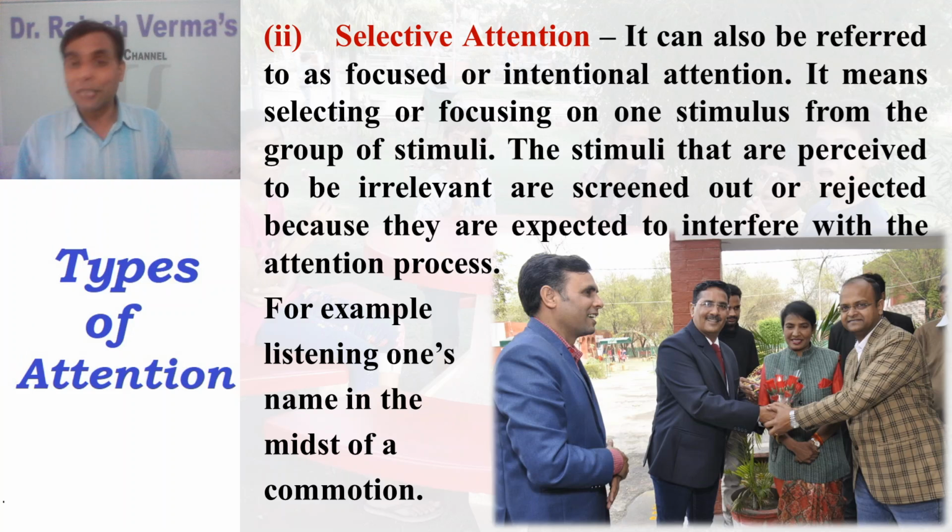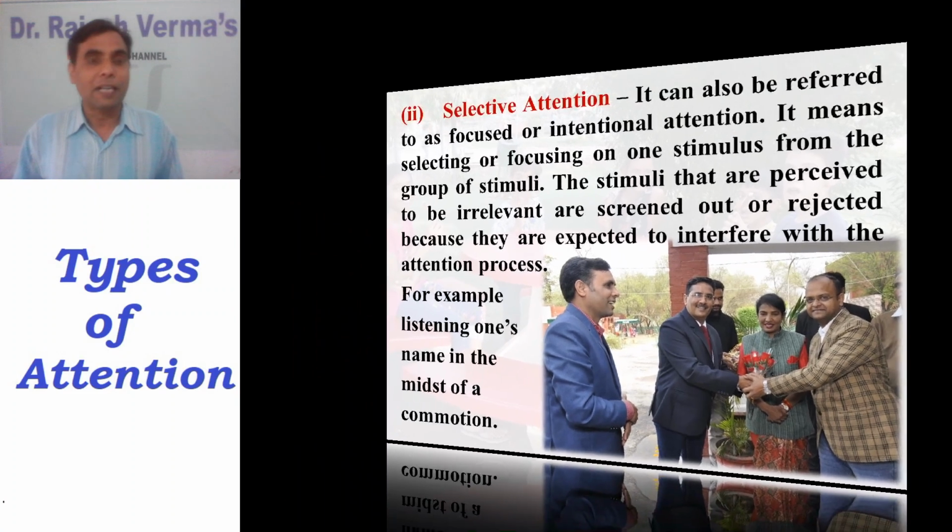The moment they utter your name, your attention shifts to that, because out of all the commotion happening around you, out of various types of stimuli, you just pick up one stimulus that is interesting to you, means you are selecting one stimulus. So this is known as selective attention.